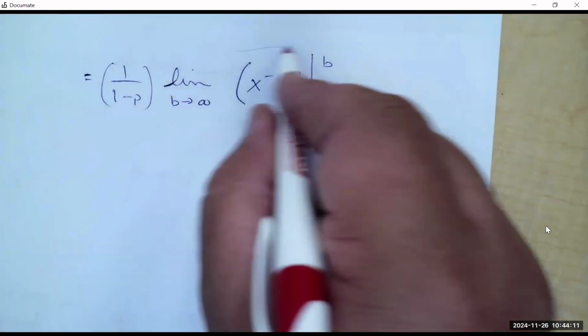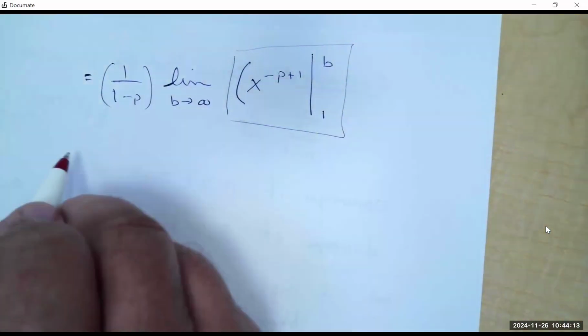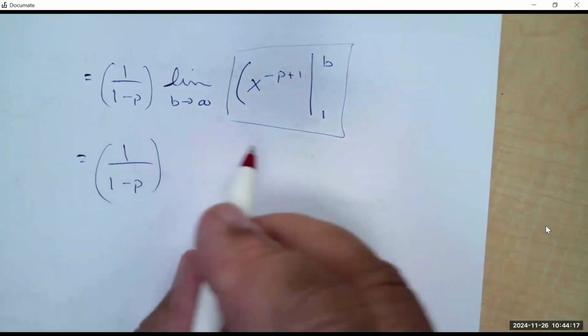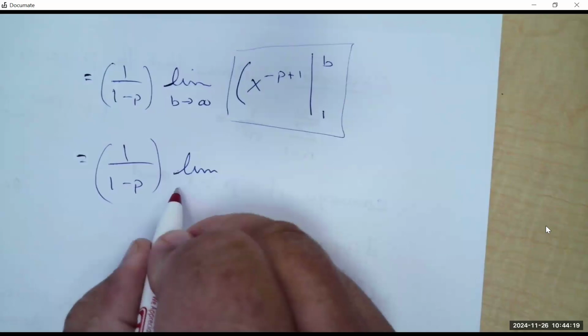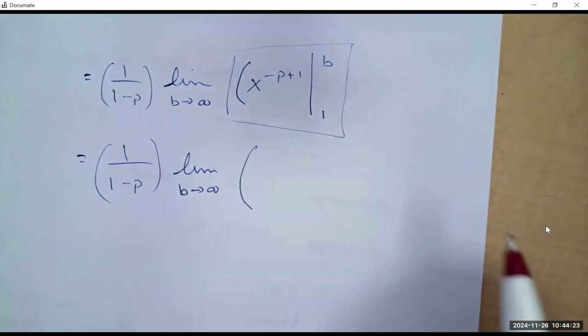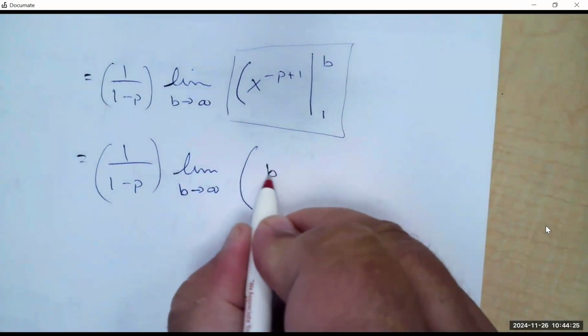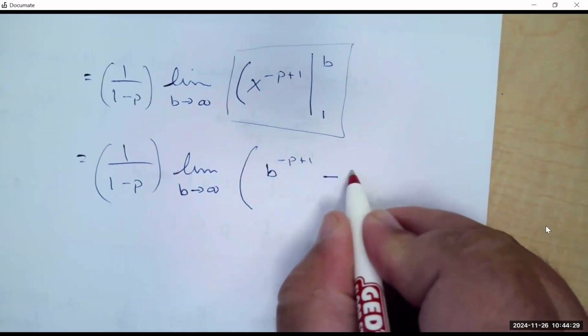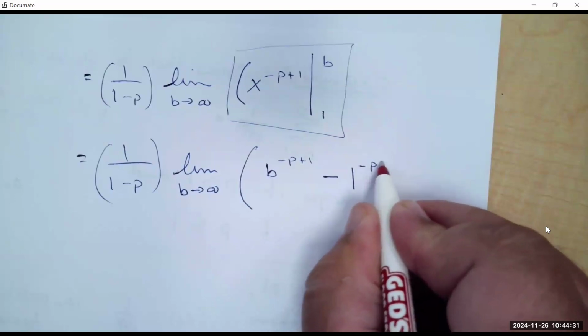So let's look at this part here. We have 1 over 1 minus p, the limit as b goes to infinity. This one is b to the power negative p plus 1 minus 1 to the power negative p plus 1.